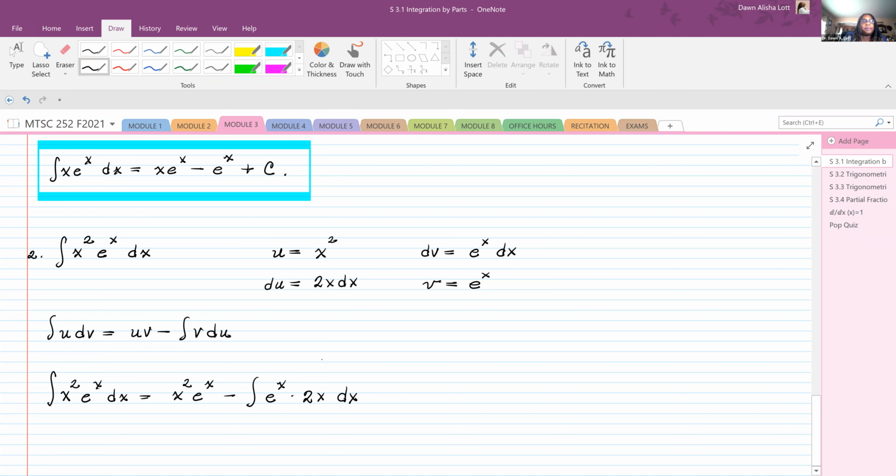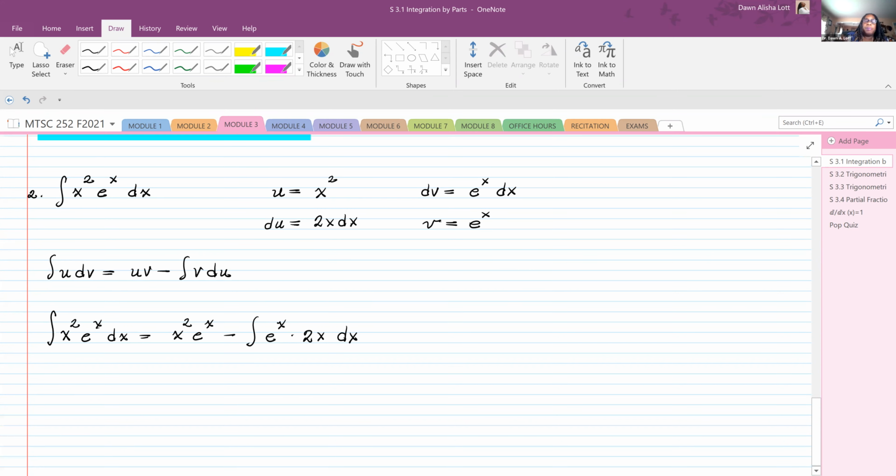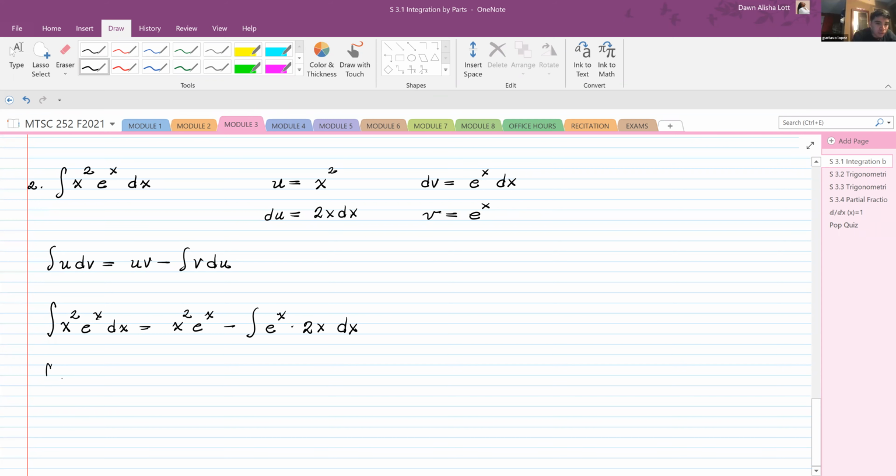That looks good to me. Simplify it. Okay, I'm gonna move the 2 out. And then I get the integral of x e to the x.